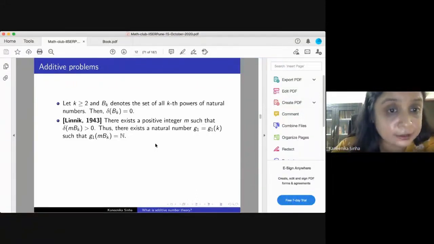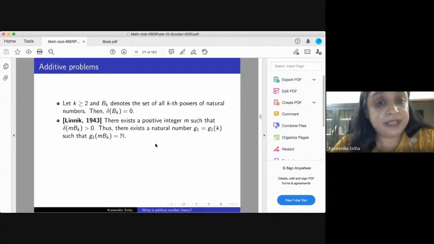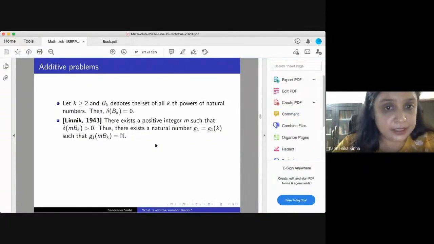And therefore, this m B sub k can be added to itself many times to generate the set of natural numbers. So it's all right. We don't have to be hindered by any restrictions with B sub k. Let's just add B sub k to itself many times.